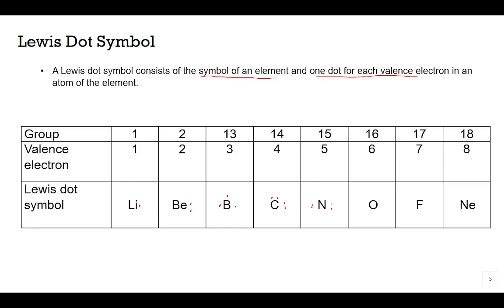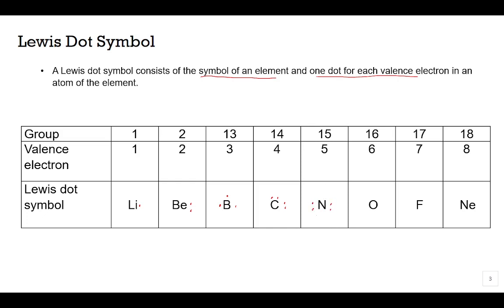Usually we write down like this. But it is not good for you to draw 1 2 3 4 5 like this. Usually we spread it up in pairs. So this one better if you put it like this.